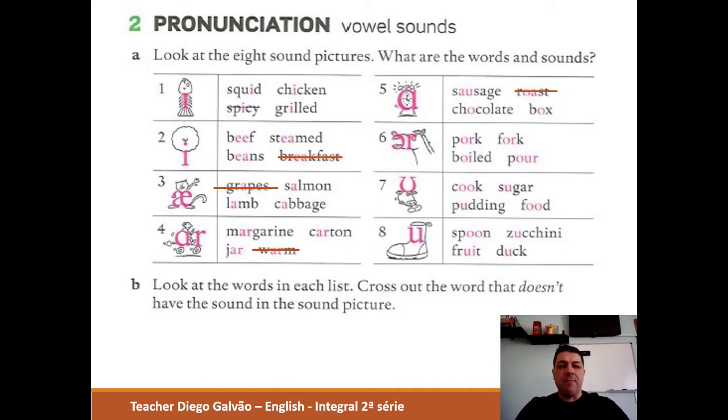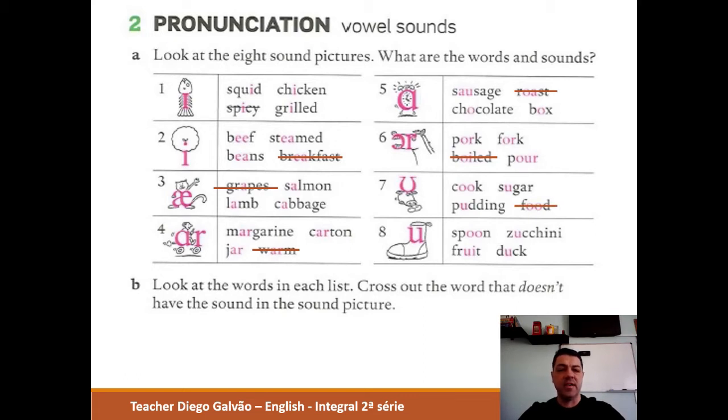Number 6, we have pork, we have fork, we have boiled, we have pour. Three of them refer to the horse. Horse, pork, horse, fork, horse, pour, but not boiled. Boiled is different. Yes?